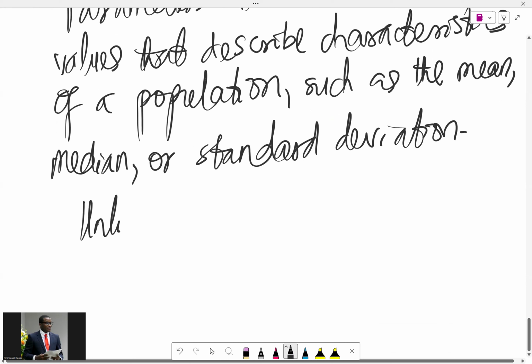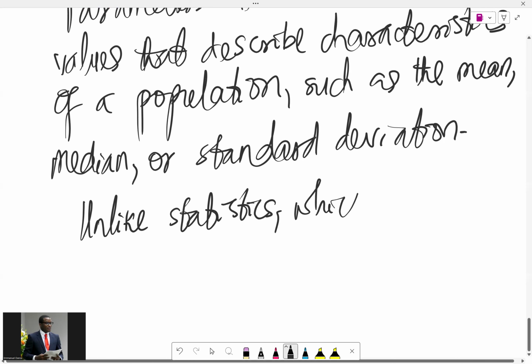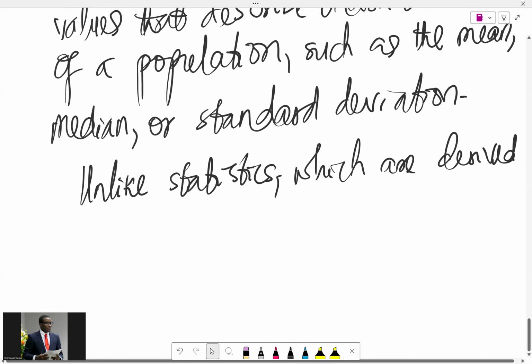So unlike statistics, I mean statistics in this sense, not in the general sense. Statistics are also values, but they are associated with samples. The numerical values you get from samples are called statistics, while the ones from populations are called parameters.